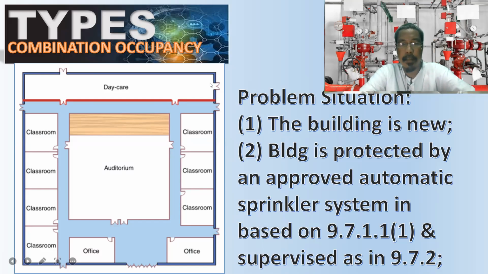These are the independent egress means. Convenience doors, and we also have one means of egress here. So classroom. So this light blue color is a common means of egress.